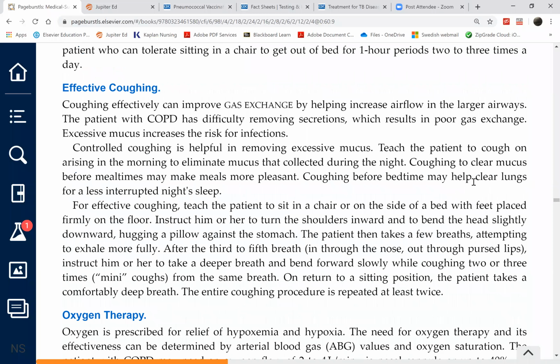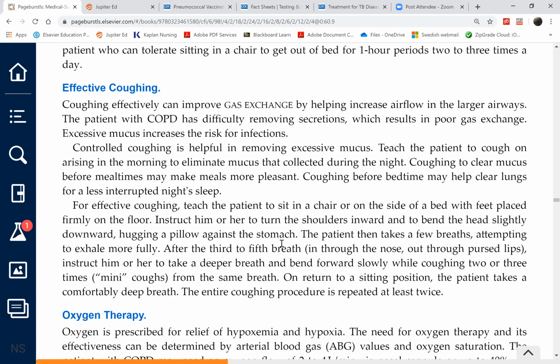Coughing. So the patients need to cough effectively. This is no different from the coughing exercise or technique you taught Miss Lillian Chambers, if you remember from last semester.